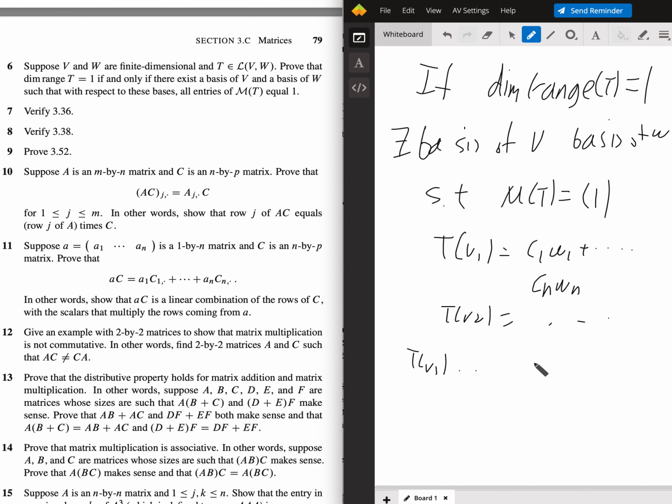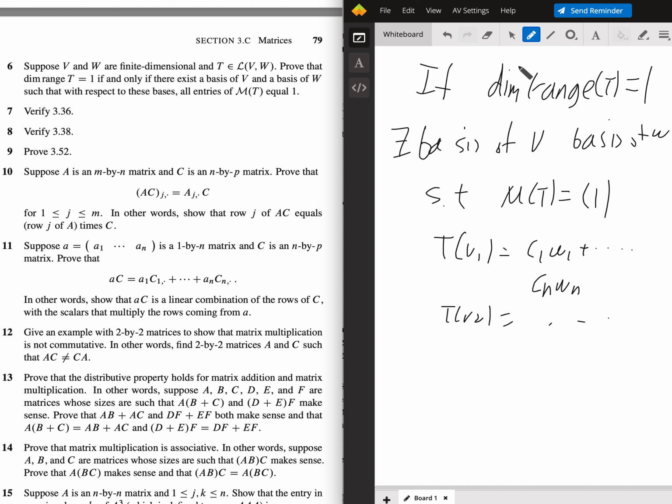TV1 through TVN, they're all being squashed into one dimension in the vector space of W. That means they must be scalar multiples of each other, because they're squashed into one dimension, and you can form a basis of that one dimension using some arbitrary vector from that dimension that's not 0, and everything is then a linear combination of that vector itself, which means it's a scalar multiple of it.